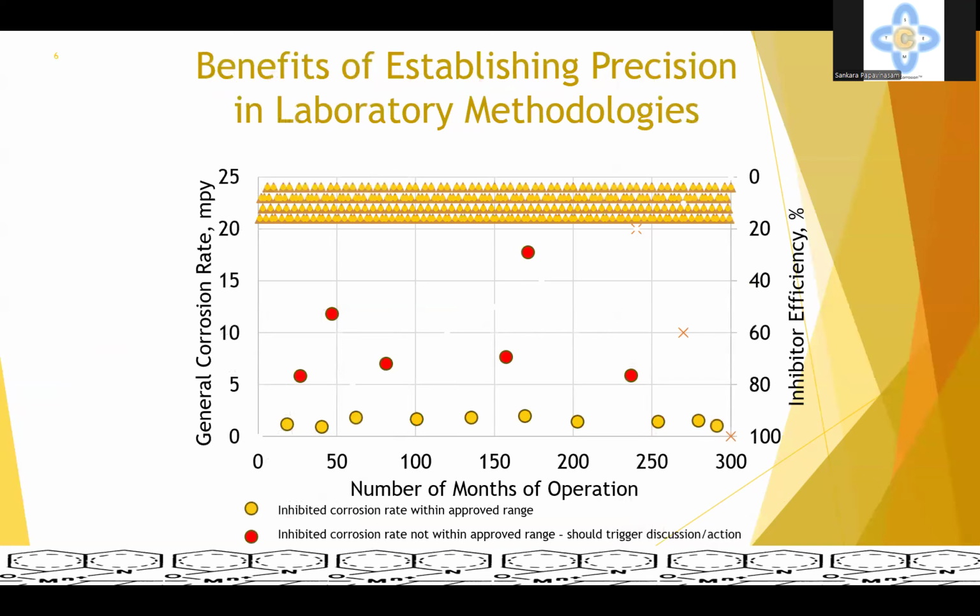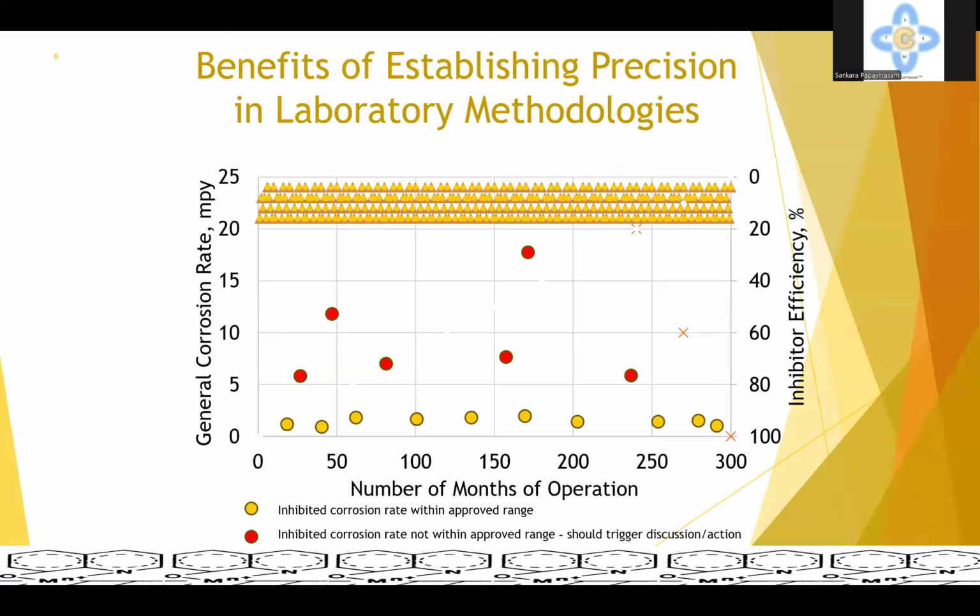Let us see one example before I start talking about the case studies. What are we going to do? We are going to establish precision. And how does it help? Let us assume that we are getting corrosion rate and we are also reporting inhibitor efficiency on a particular inhibitor over a period of 300 months.